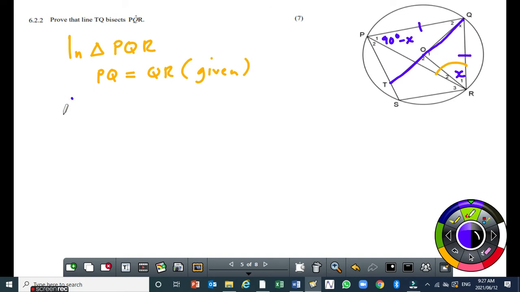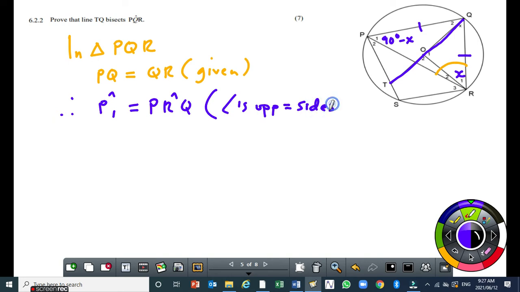So then I can say, therefore, angle P1 is equal to angle, I'll call it PRQ. My reason is angle opposite equals. What this means is that PRQ is equal to 90 degrees minus x.